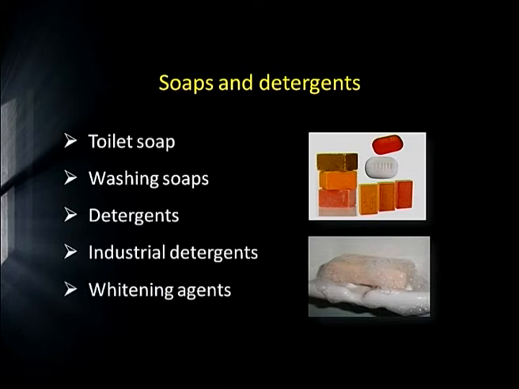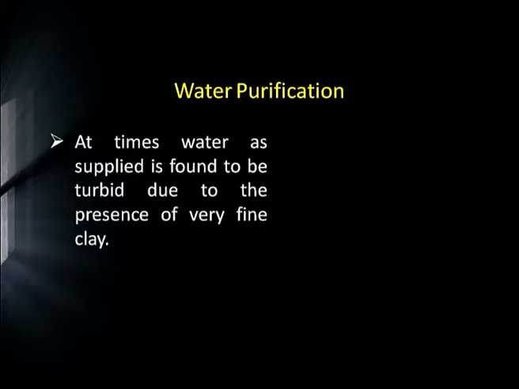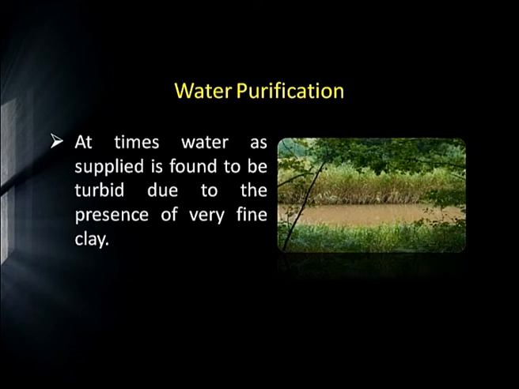Whitening agents. The clothes get dull, then we need to whiten them, and we use a colloidal system in order to retain the whiteness. Water purification. We can definitely understand the importance of water purification. At times, water supplied through the taps by the corporation or the municipality is found to be turbid.